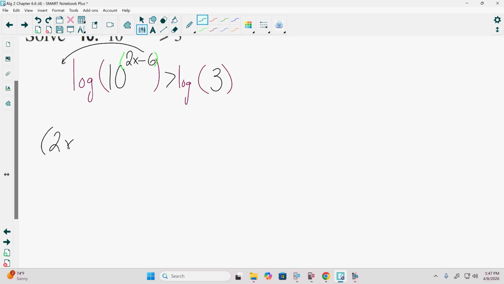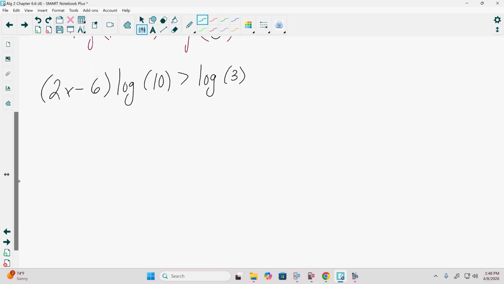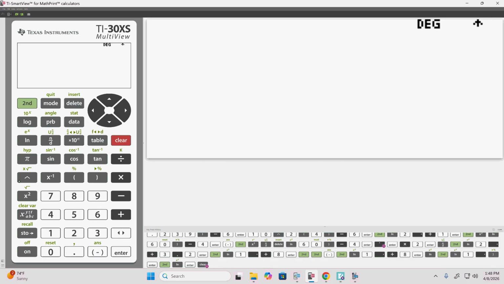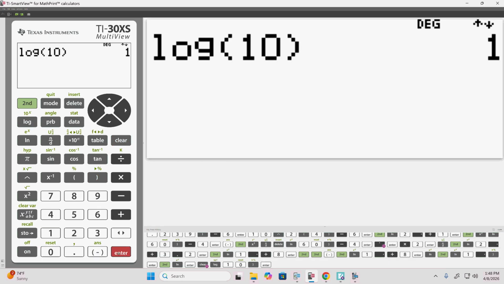Power property says we can move that entire exponent to the front, saying that we have 2x minus 6 times log of 10 is greater than log of 3. And since it is common log, either calculator can tell me what log of 10 is. 1.